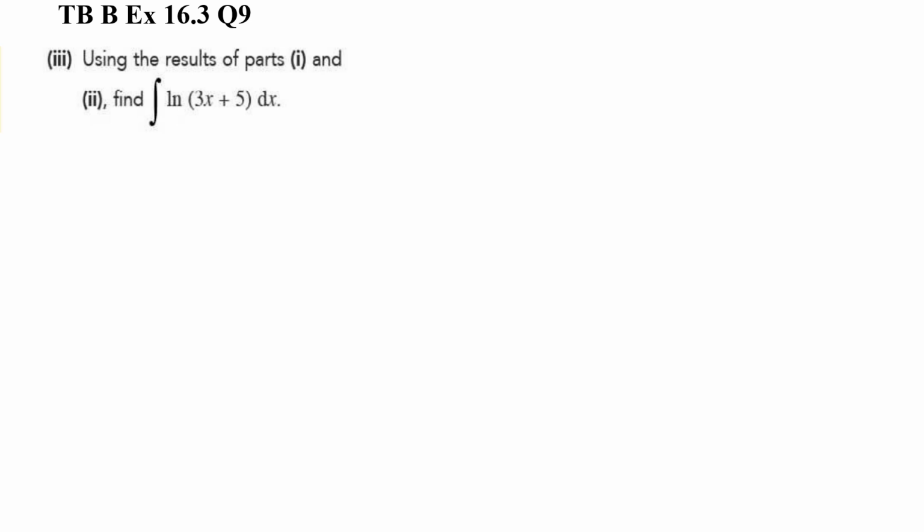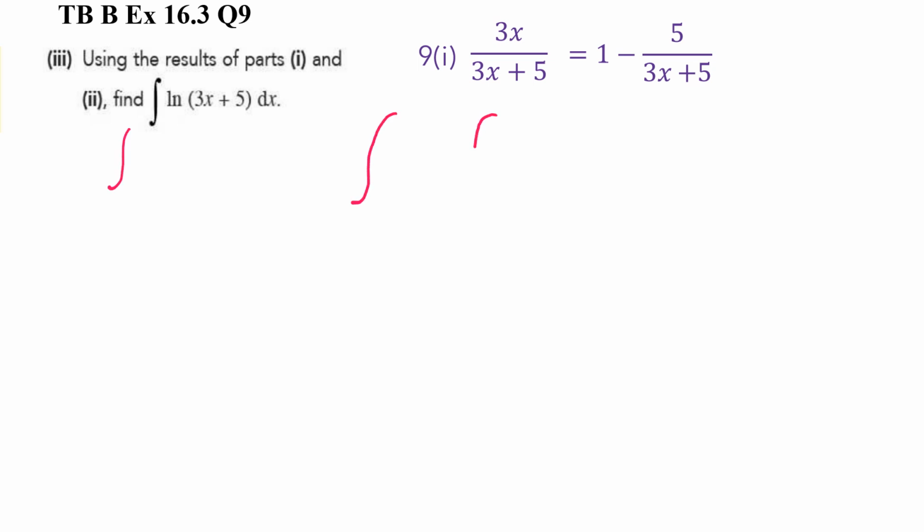So for part 3, you're asked to use the results from part I and part 2. So let's write down the results we have found for part I, and also the result we found for part 2. We're going to use part 2 first.